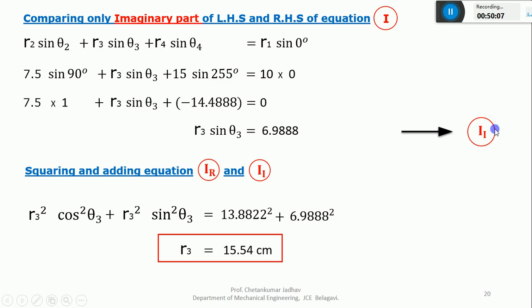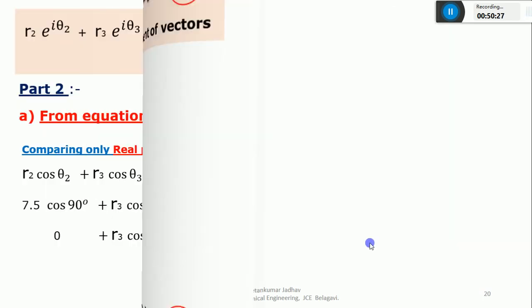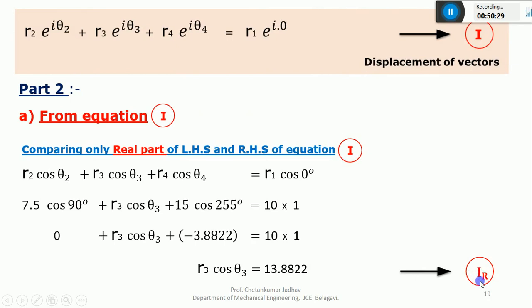Small i indicates the imaginary part. When you compare the imaginary part of LHS and RHS of the first equation, whatever equation you got, I can denote it as II. So you got the first equation with the imaginary part and the first equation with the real part.